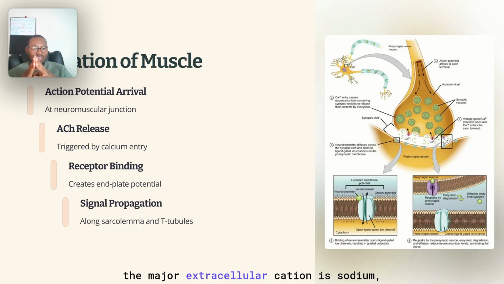Remember, the major extracellular cation is sodium, and the major intracellular cation is potassium. So potassium goes out, but sodium goes in more than potassium, thereby causing positivity inside the cell, and action potential will be triggered. So the question is, when action potential triggers, what happens? We will get to that, but remember the excitation of muscle.